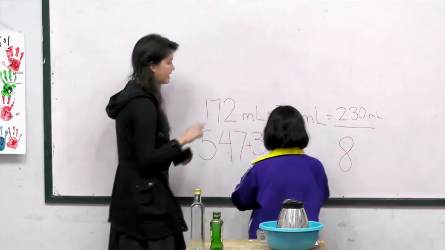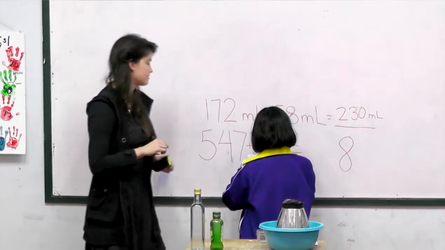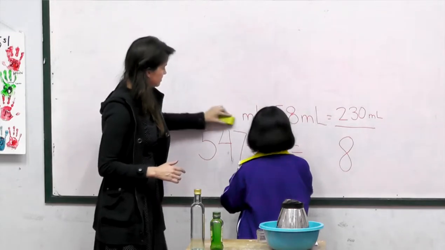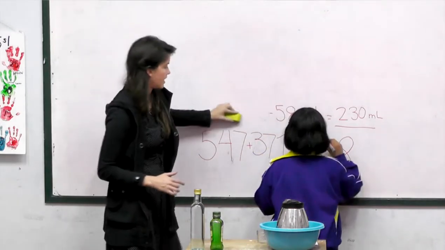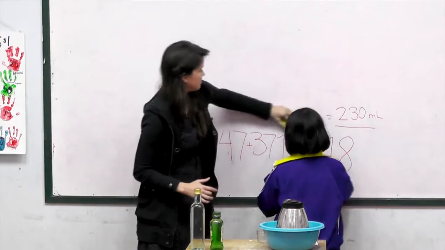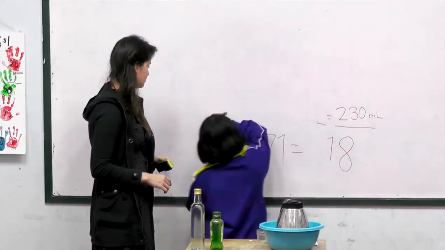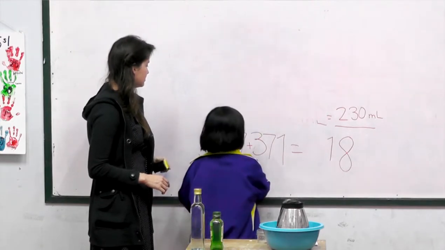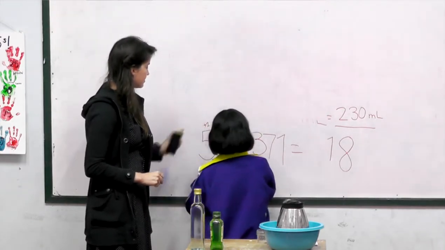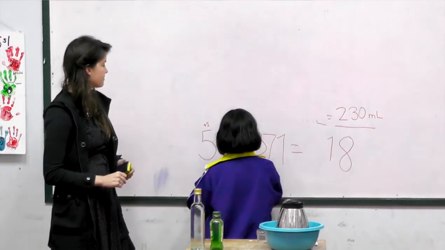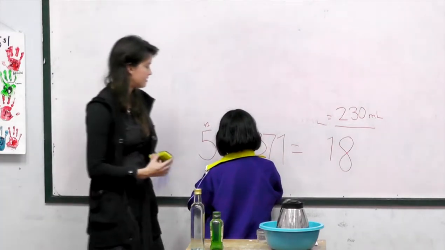Good. Now we need our tens place. 7 plus 4 equals 11. How do we write that? And a 1 on top. Okay, cool. So we have 1 plus 5 plus 3 equals 9.